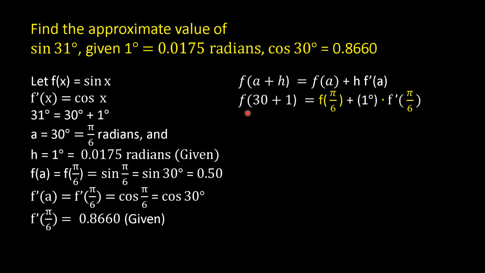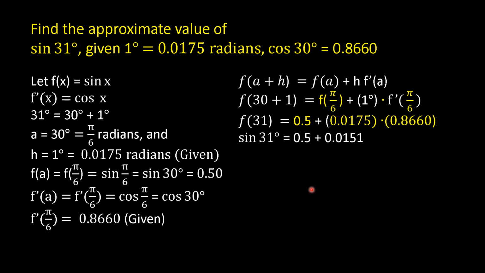We write f of 30 plus 1, that becomes f of 31 equals 0.5 plus 1 degree multiplied by f dash pi by 6, which is 0.8660. f of 31 will be sine 31 degrees.